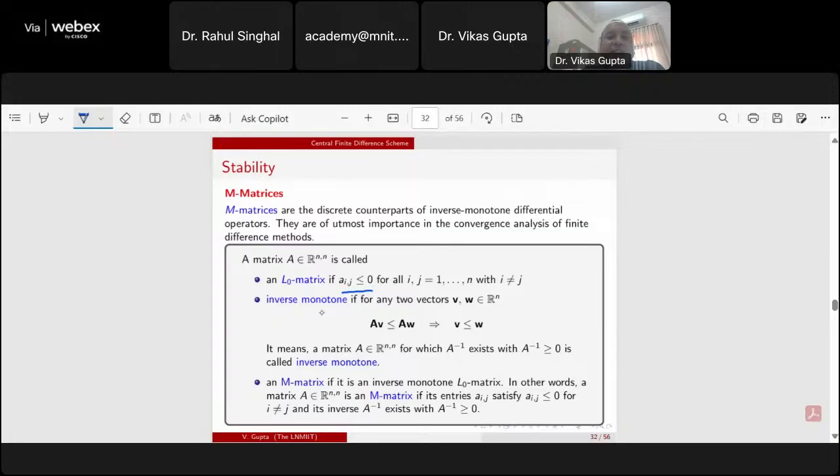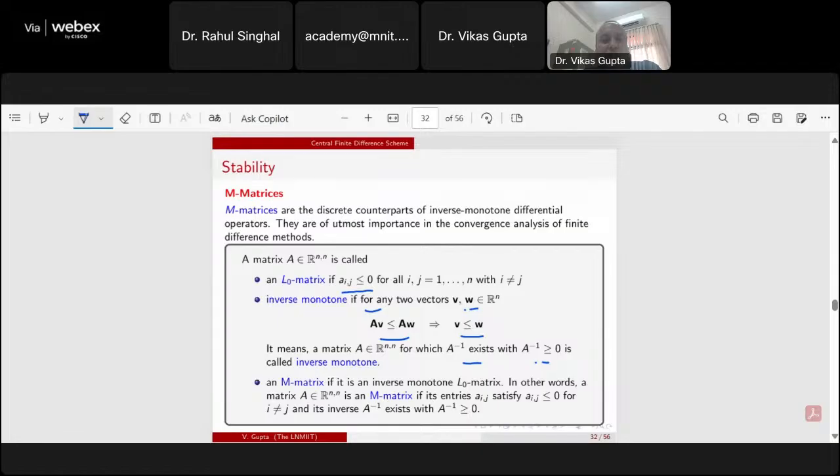And matrix A is said to be inverse monotone if for any two vectors V, W belonging to R^n, AV less than or equal to AW implies V less than or equal to W. It means that matrix A is inverse monotone if A inverse exists and A inverse is positive.